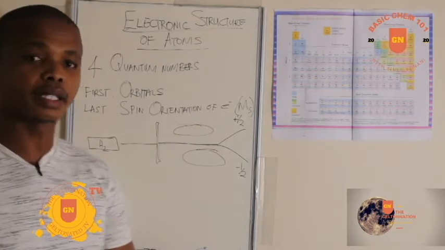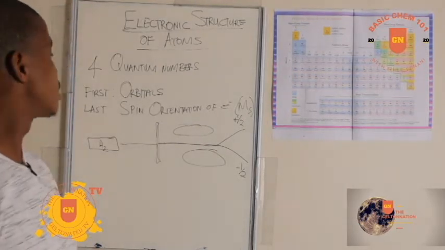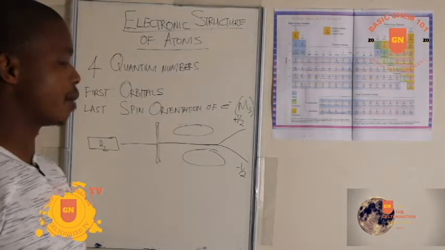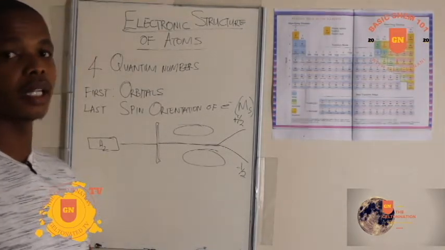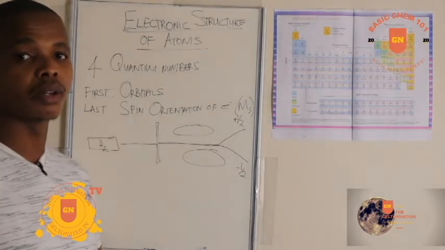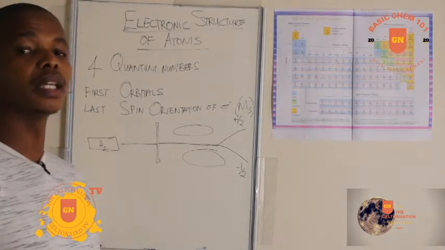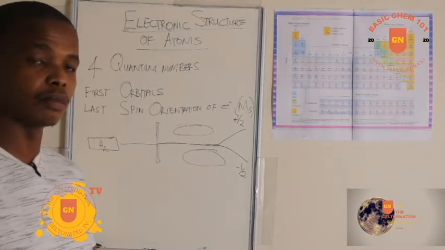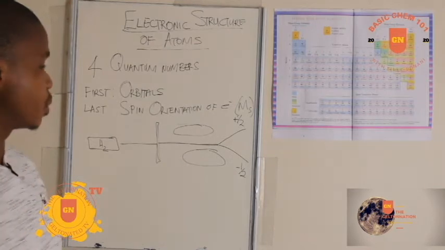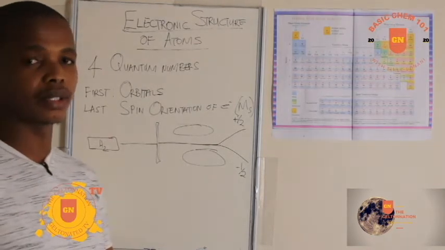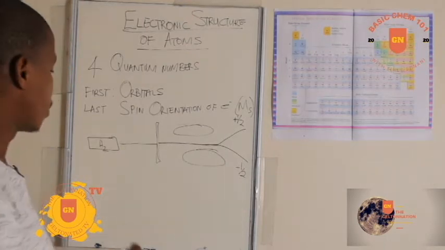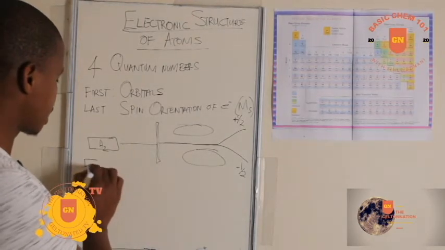What we want to get into is, since we now know where our electrons are most likely to be found in an atom, we would want to know the distribution of those electrons in a particular element. The distribution of those electrons in an element is called your electron configuration.